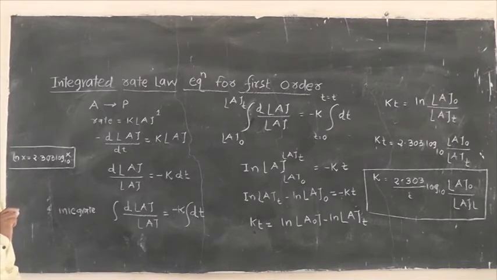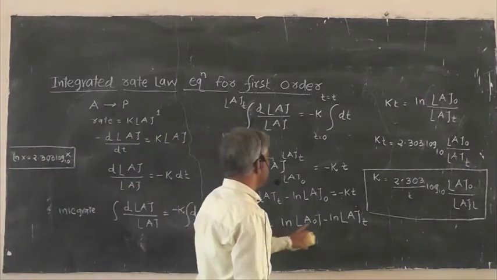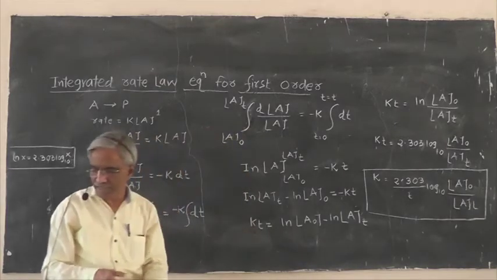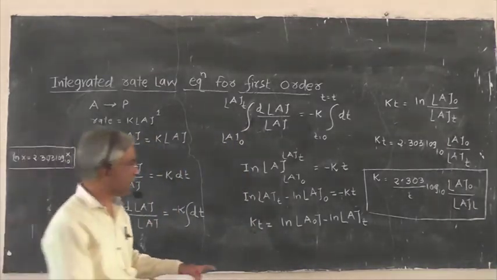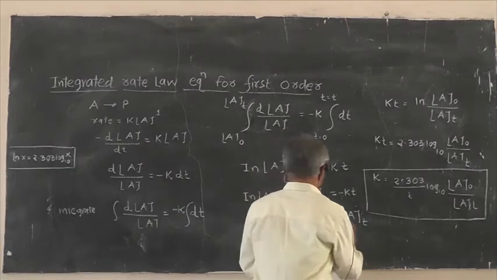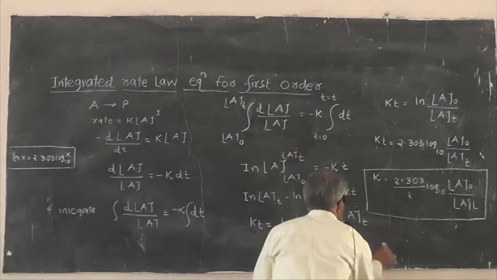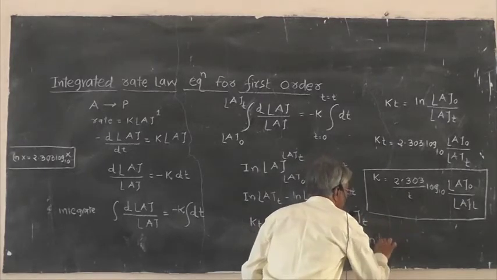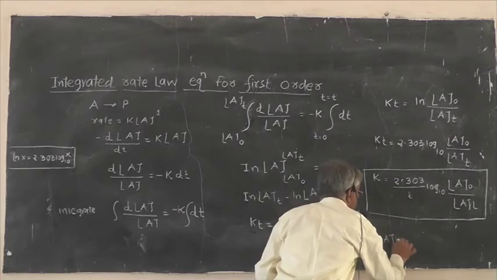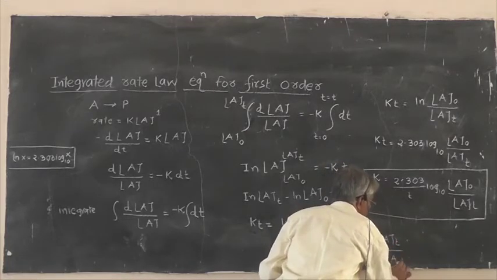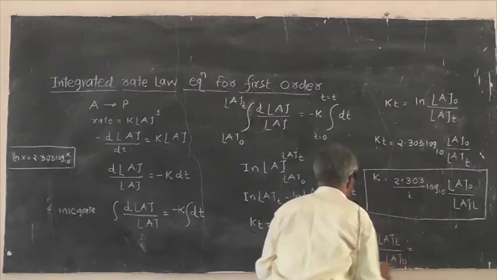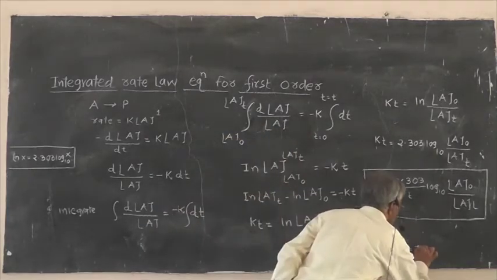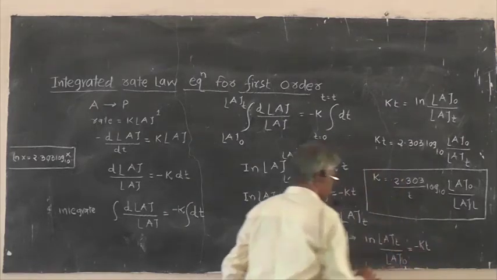It can be represented exponentially, and I will directly write it. From this we can have ln At upon H0 equal to minus k into t.